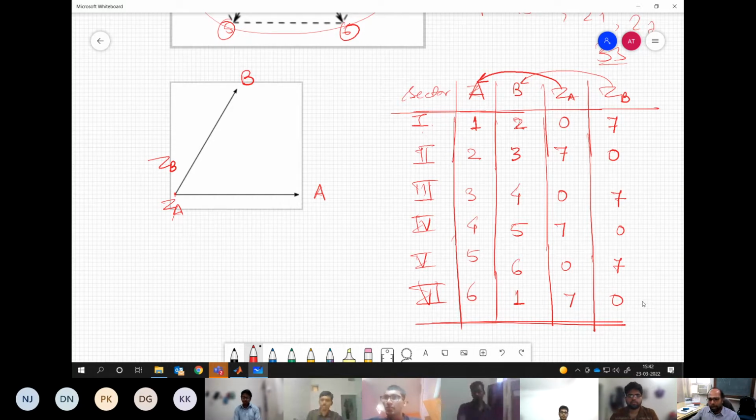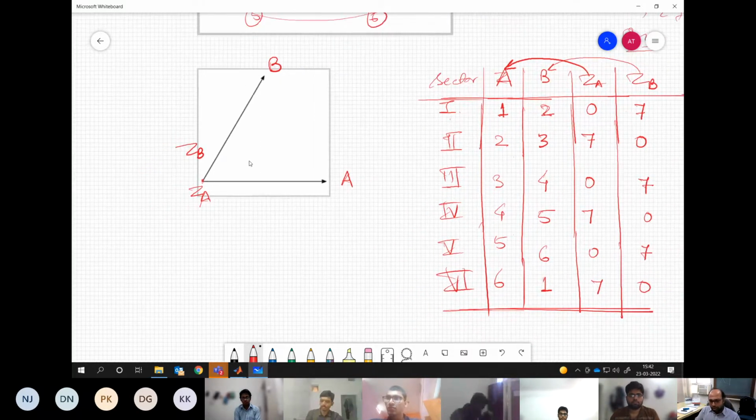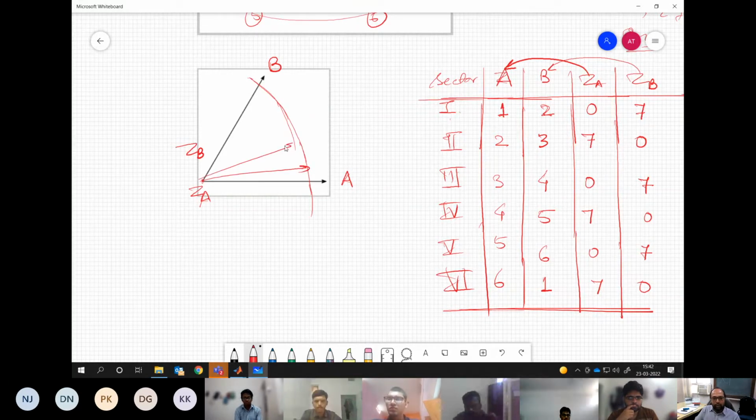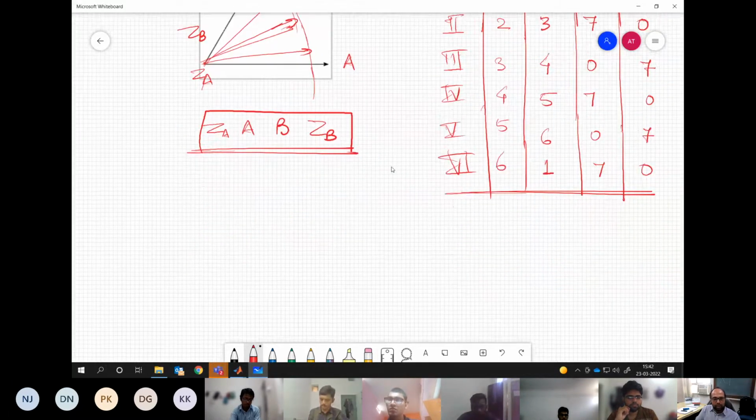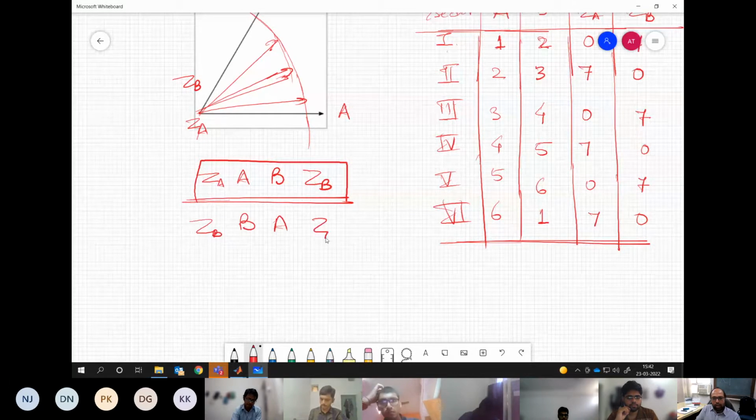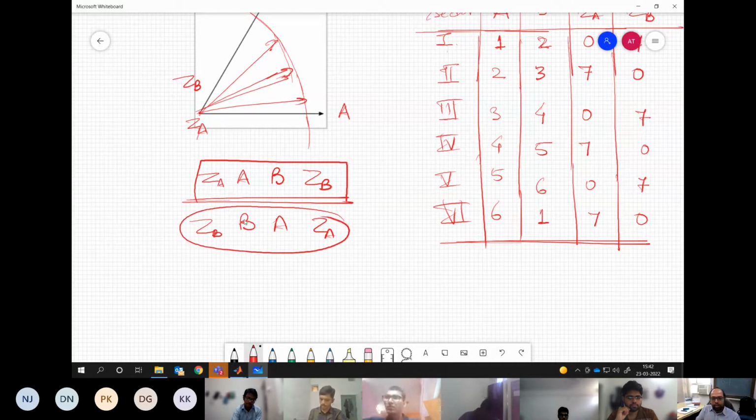Now, if you are implementing conventional space vector for this three-phase, two-level inverter system, for multiple samples you need to have one of the generalized sequences. What is the generalized sequence? First sequence you can say is ZA, A, B, ZB. You apply vectors in this sequence. Or you apply the other sequence, which is ZB, B, A, ZA. These are the two sequences, right?